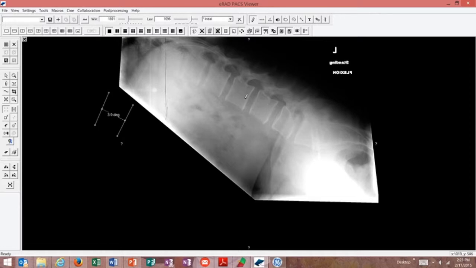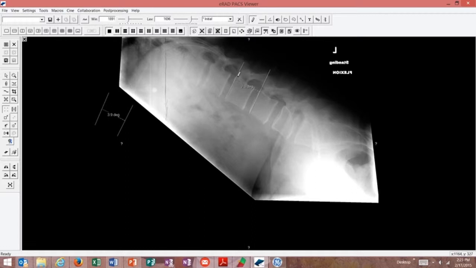So there's 4, 3, 2. We're going to draw a line across the superior end plate of L2, and then across the superior end plate of L3, for an angle of positive 2.0 degrees.